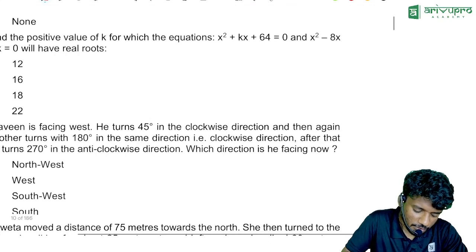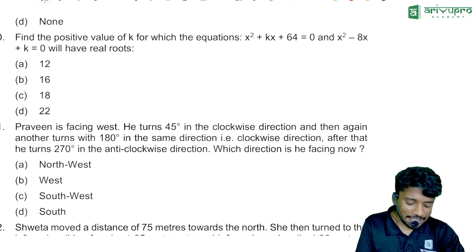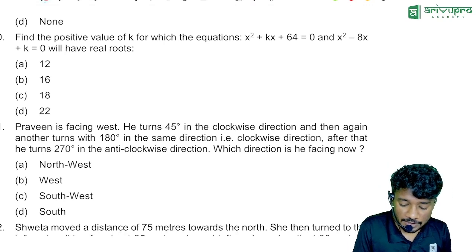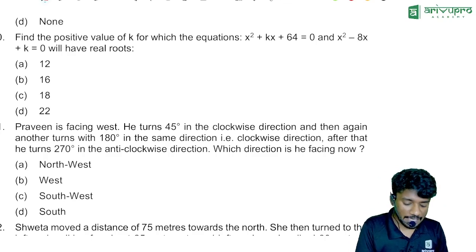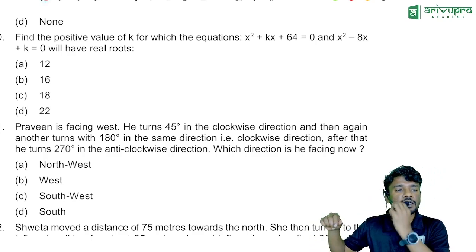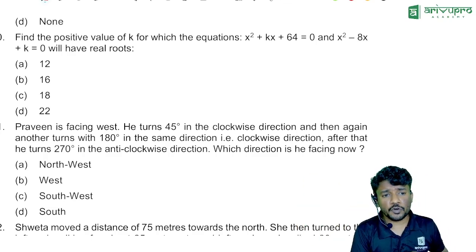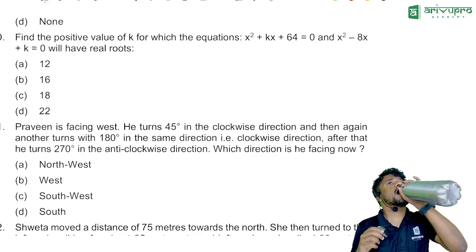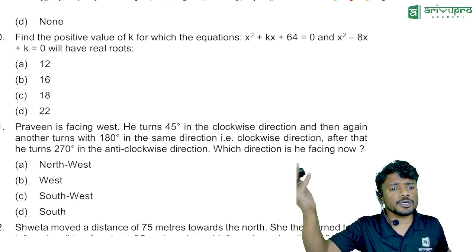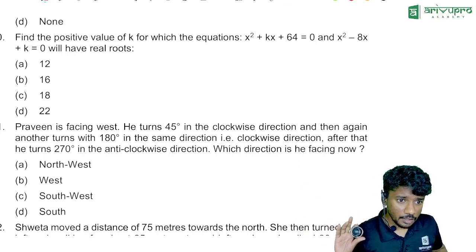Next one is this one. How will you find this one? Find the positive value of k for which the equation x square plus 4x plus 64 is equal to 0 and x square minus 8x plus k is equal to 0 will have real roots. What is our method? b square minus 4ac should be greater than or equal to 0.